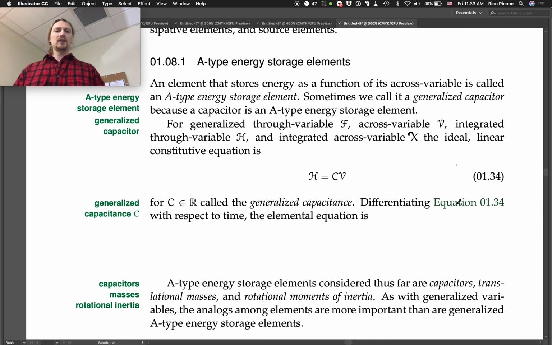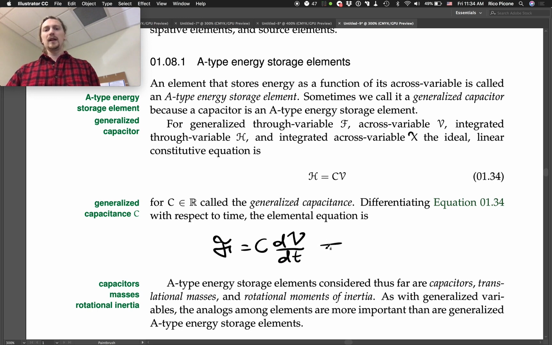Differentiating this equation with respect to time, the elemental equation is, so if you take the time derivative of h, remember, is the integrated through variable. So if you take the derivative of the integrated through variable, what do you guys think you're going to get? The through variable, f, is equal to c dv dt.